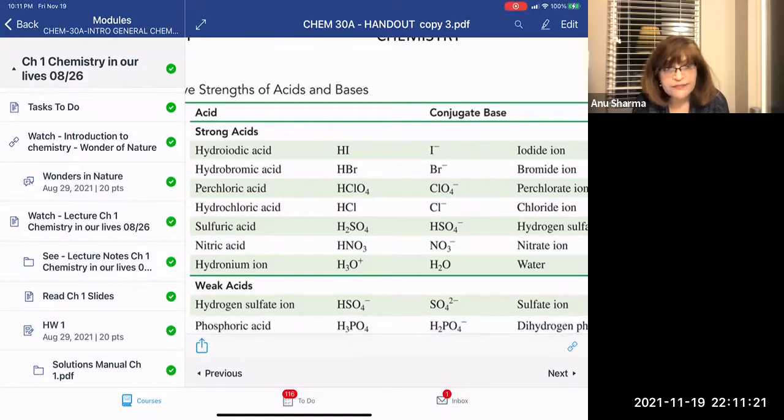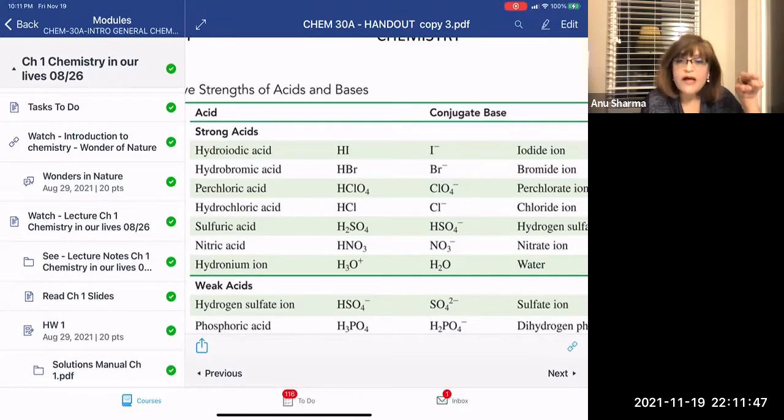Now look at water. Water can act as an acid and water can act as a base. So here we see the hydronium ion. Remember, acid is going to be anything that has lots of hydrogen ions, with hydrogen in front.